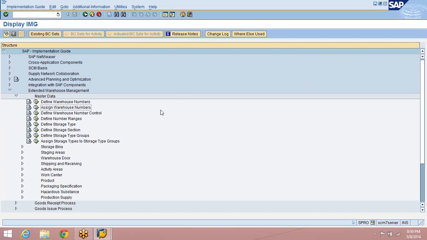About 10 years ago, Caterpillar started the major project, and the core of the requirement was small parts management, because the numbers and volumes are too high. That's where EWM scores.